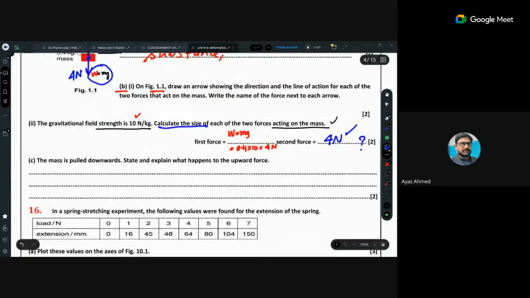Agle pe aate hain. The mass is pulled downward. Now it is another horrible part. The mass is pulled downward. State and explain what happens to the upward force. First turn is from Hassan.